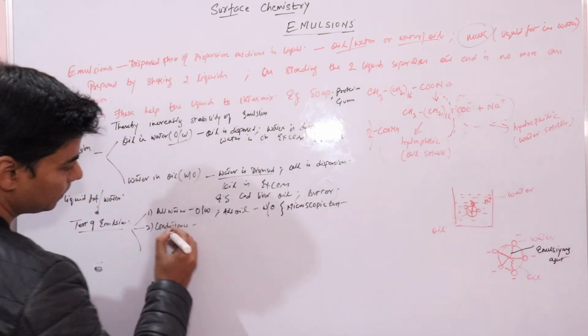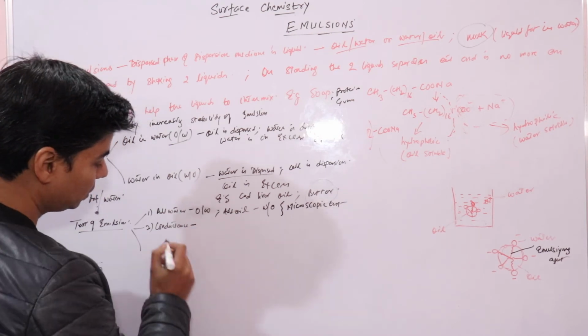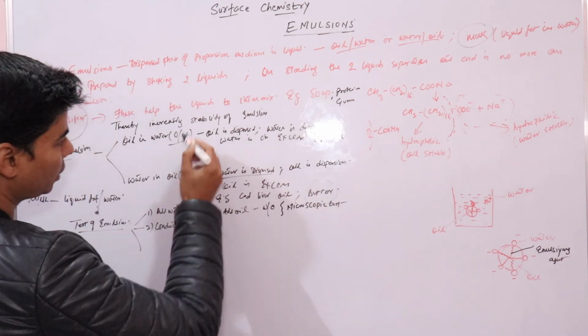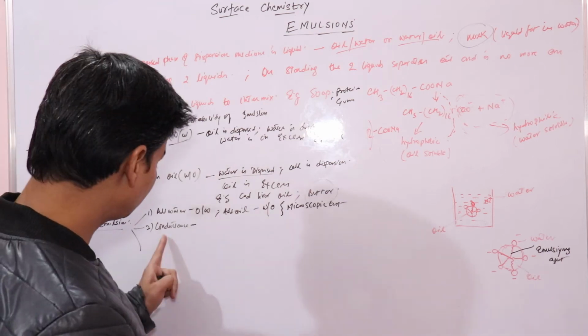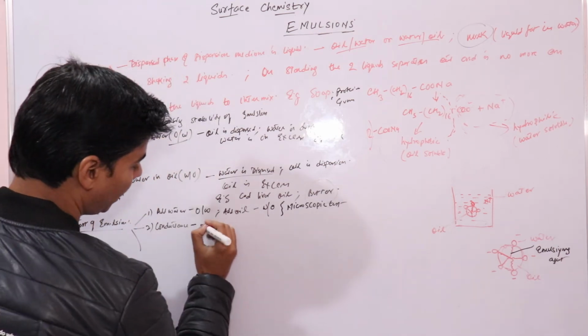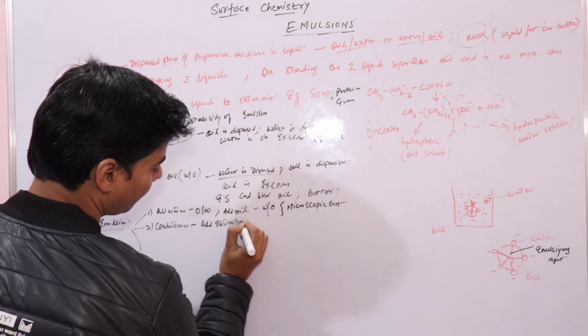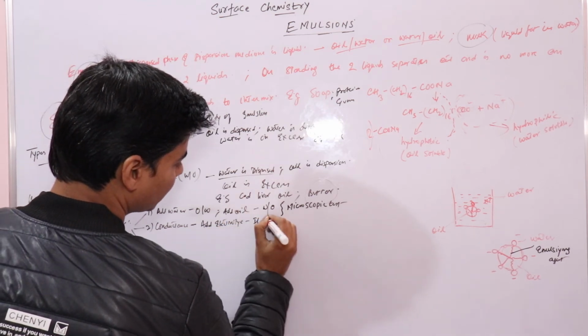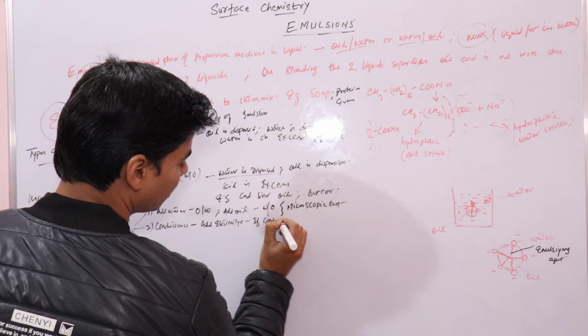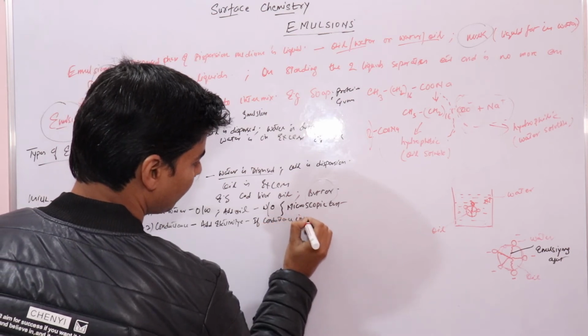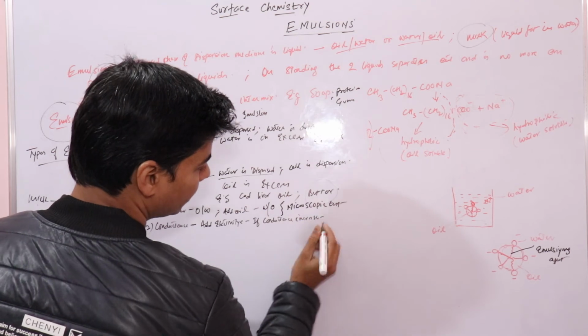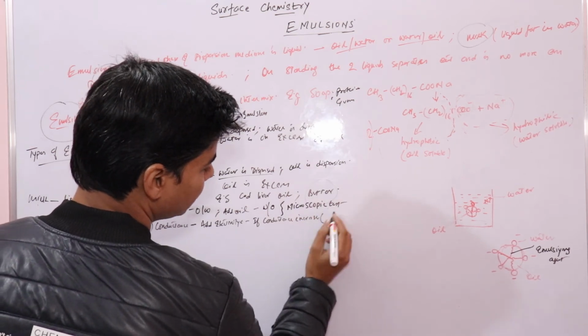So to test what type of emulsion we have using the conductance method, you add an electrolyte.